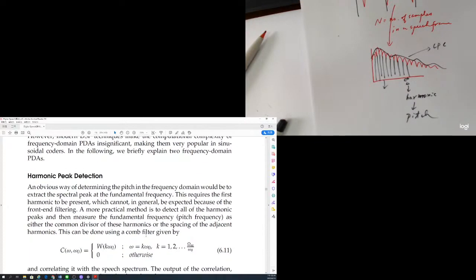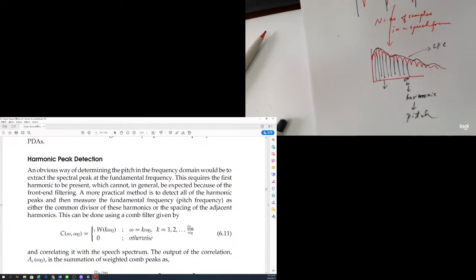So this one is very straightforward: they use a comb filter. It is more like a comb, like combing your hair in the morning.